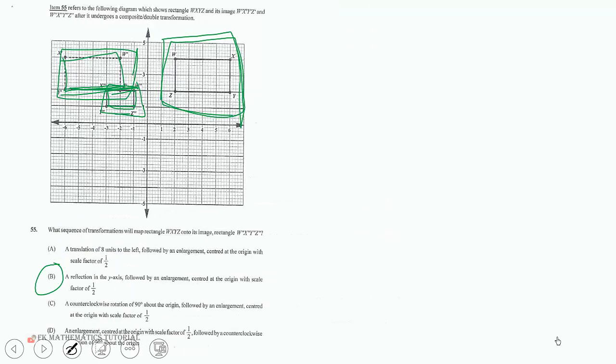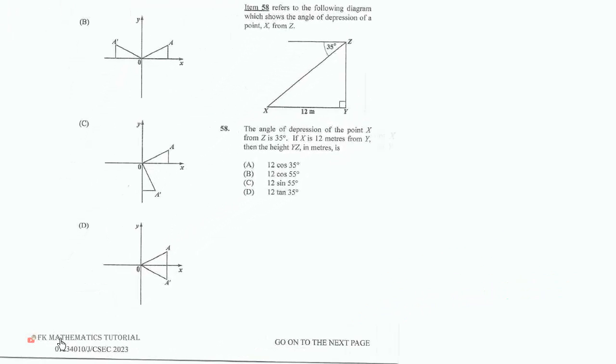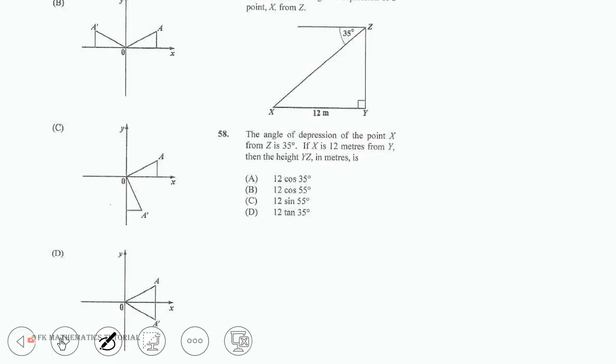Now let us proceed to item 56. Item 56 says that in each of the following diagrams, A' is the image of A. Which of the following shows a reflection in the x-axis? You recall that when you reflect in the x-axis, it shows below the x-axis.